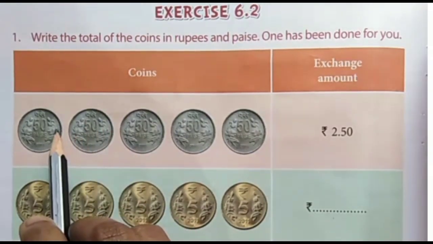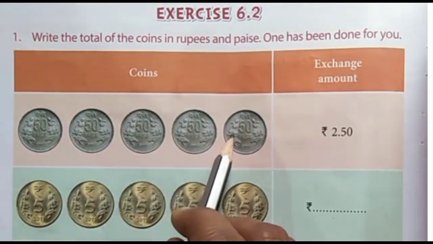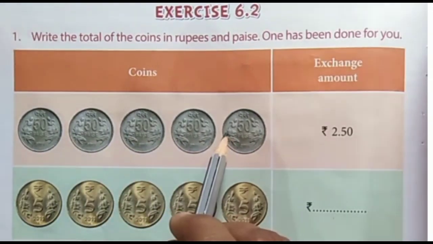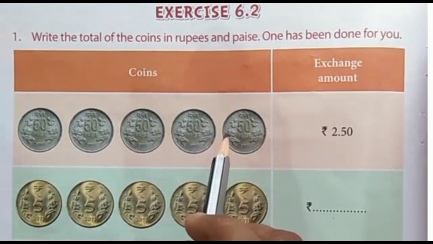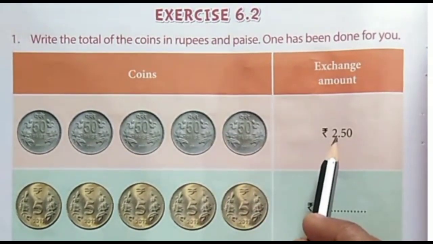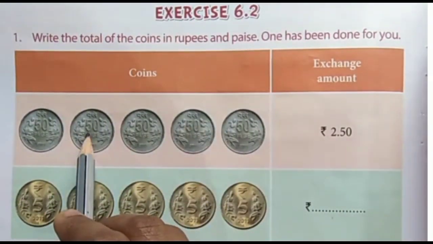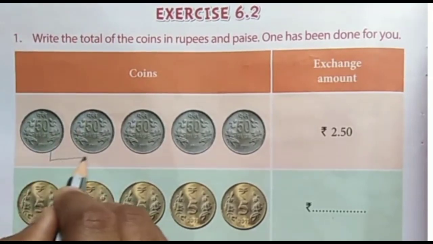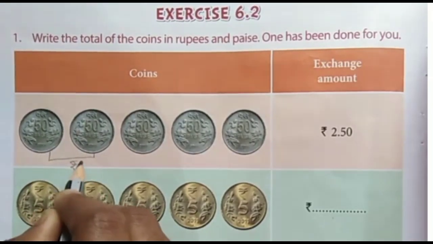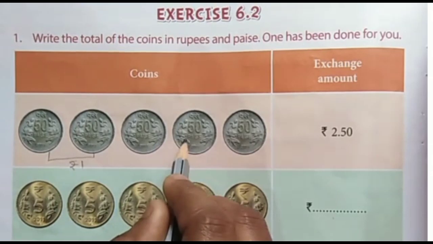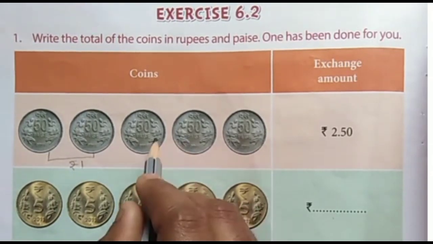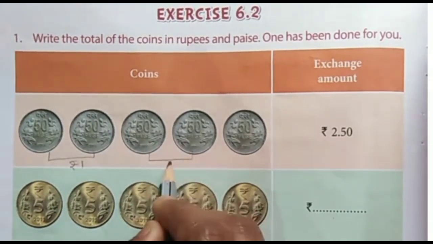Here you can see the coins given in the first question are 50 paise. So first we can count the total amount, then we can write it in rupees and paise. Children, always remember that 2 50 paise make 1 rupee. Here also we have another 2 50 paise. So this also makes 1 rupee.